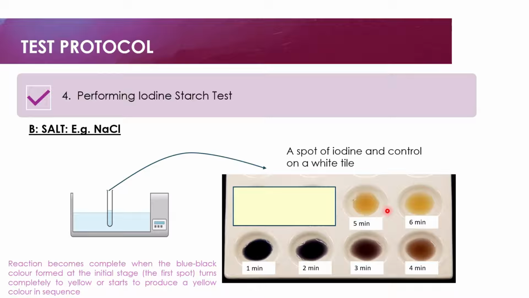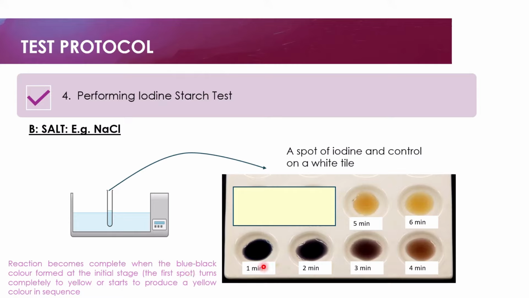Also, for our salt, we perform the iodine starch test by spotting a drop of the reaction mixture containing the salt onto a white tile containing a drop of iodine, and we repeat this every minute until the reaction is complete.